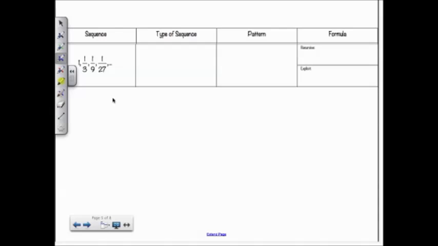But remember, when you divide by 3, it's the same thing as multiplying by 1/3. So because it's a common ratio, it means that your type of sequence for this problem has to be geometric. Okay, so I'm going to say that this is geometric, which means that I have to find my r, and my pattern is that it is being multiplied by 1/3 each time.